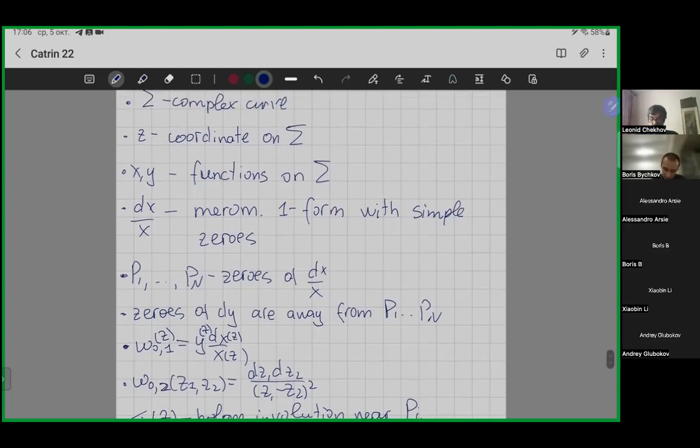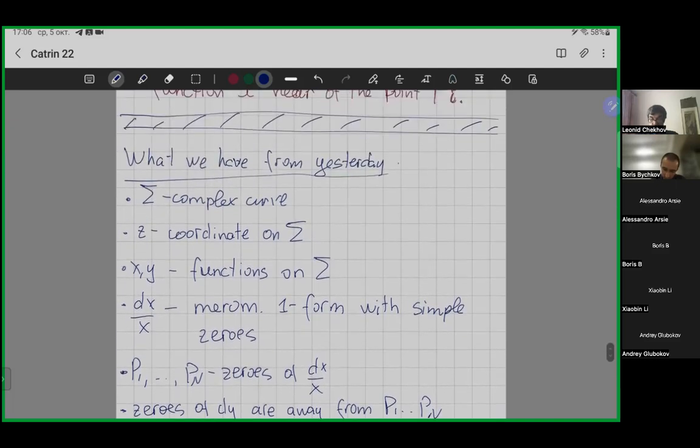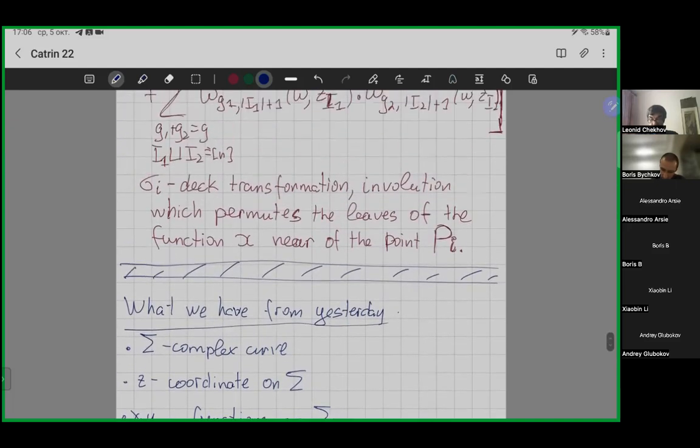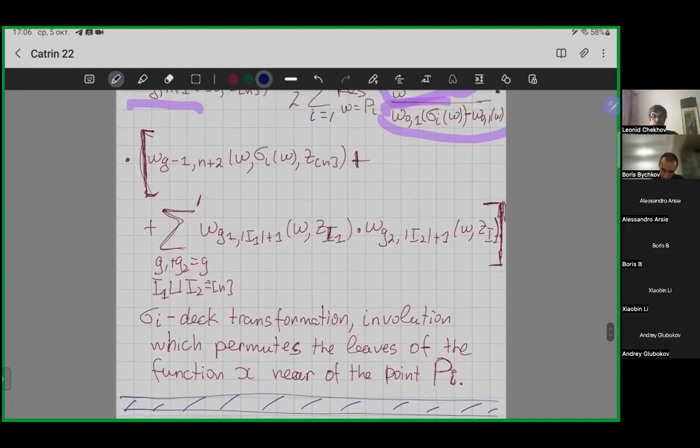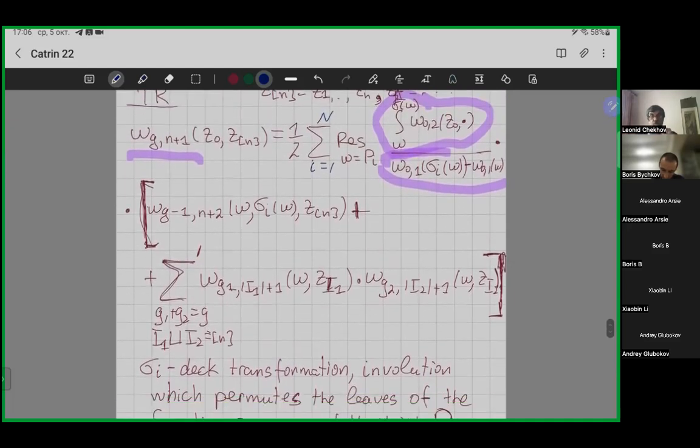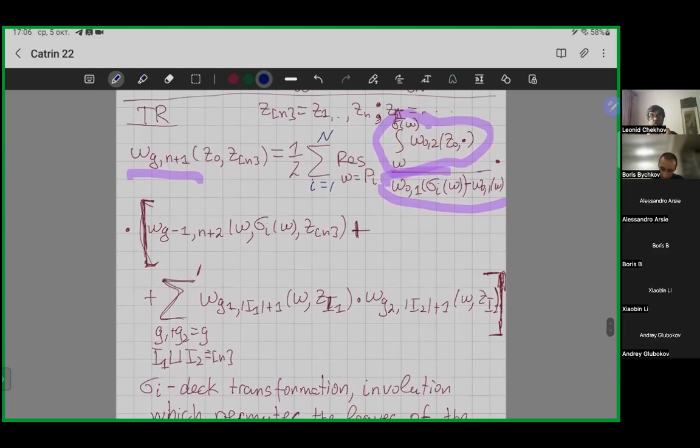And in this setup we have this formula, this recursion.